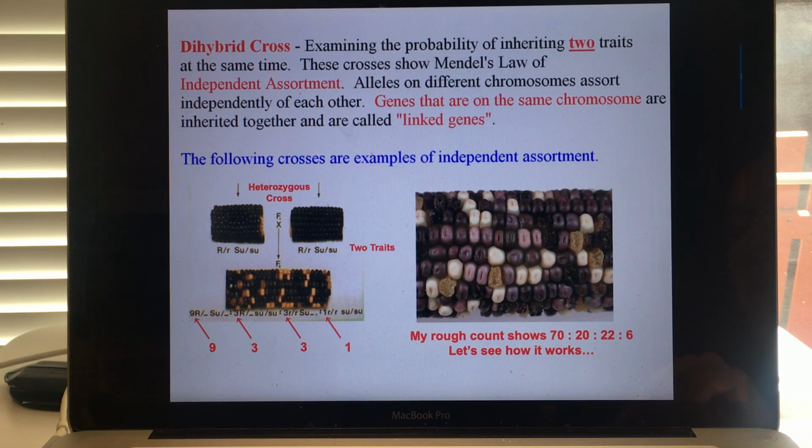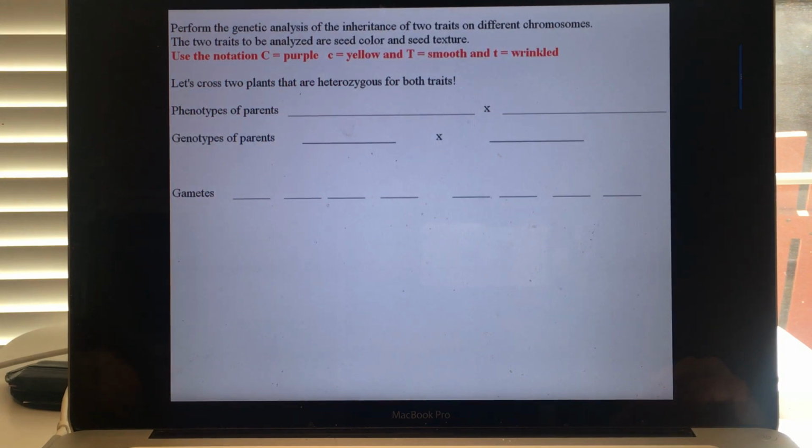So let's do a Punnett square. Now, if we were to cross two plants that are heterozygous for both traits, both plants would be purple and smooth. And that's because purple is dominant to yellow and smooth is dominant to wrinkled. And then the genotypes would be big C little c, big T little t, or heterozygous for both traits.